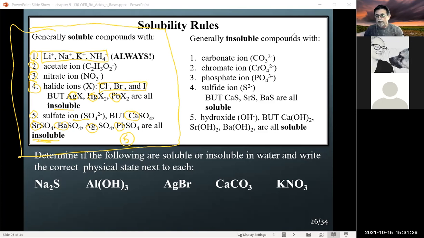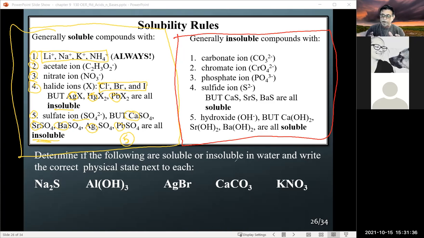All right, let's look at the insoluble column, meaning again that they're designated with the letter s, but there's a little bit of it in solution, but the bulk of it is not soluble. So number 1, which is the carbonate ion.